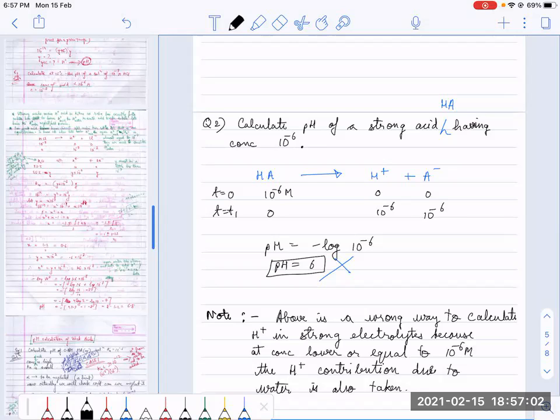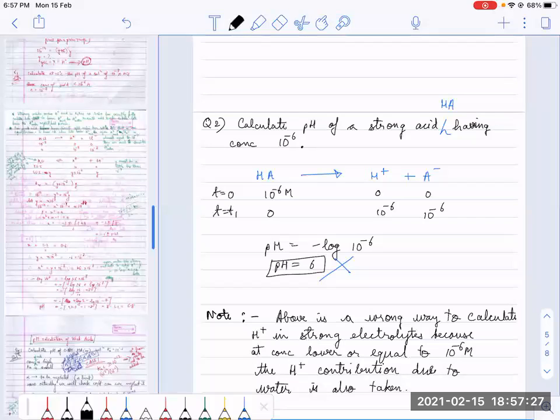In ionic equilibrium, our main focus and main aim, even in board exams, school exams, and also in competitions, is calculation of pH. Now the pH can only be calculated if you know whether the electrolyte is weak or strong.